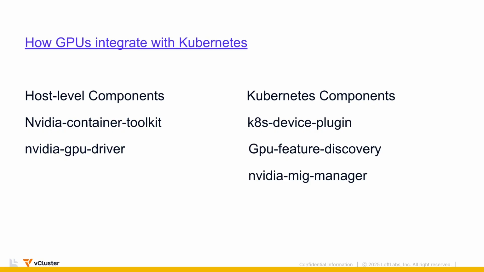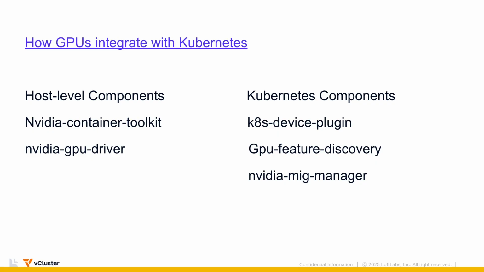The host level components are the things that are required on the GPU provider side. That is why you'll see things like the NVIDIA container toolkit and the NVIDIA GPU driver. These are provided by the GPU provider themselves, and they are open source by NVIDIA.